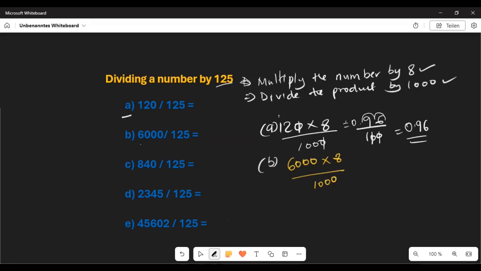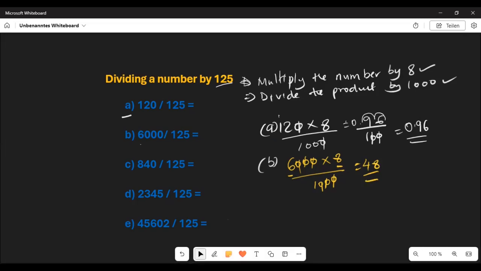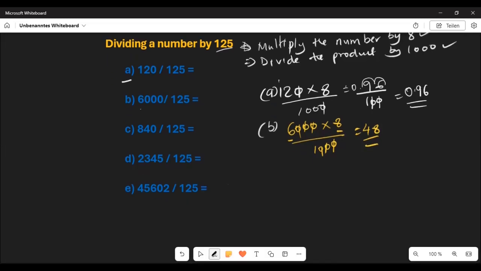In this case, it's a bit easier because we know these zeros can cancel. 3 zeros can cancel so that we have 8 times 6. That goes very quickly, and 8 multiplied by 6 gives us 48. So if you know the 2 methods up there, things become easier and easier.